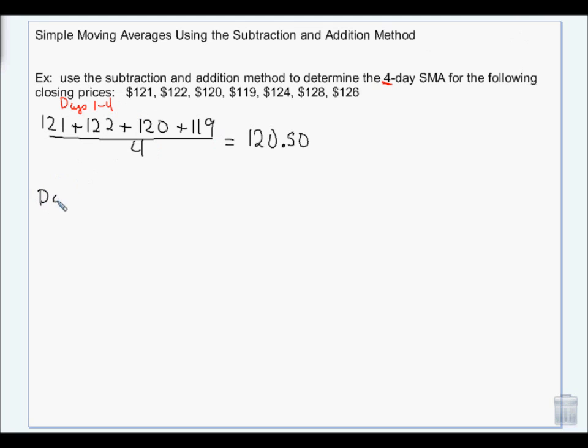Okay. Then I want to find days 2 through 5. Here's where it gets a little strange. I'm going to take the average for the first 4 days, I'm going to subtract the first day divided by 4, and I'm going to add the 5th day divided by 4.